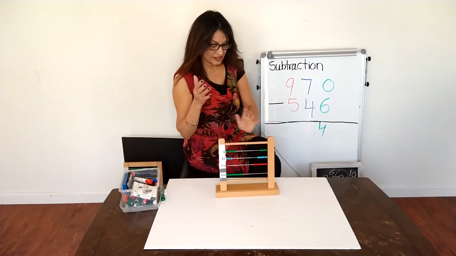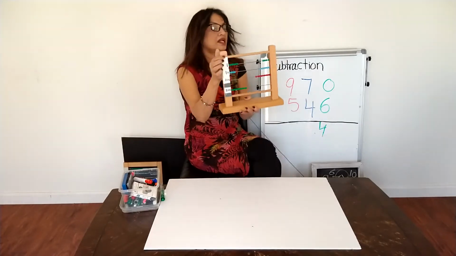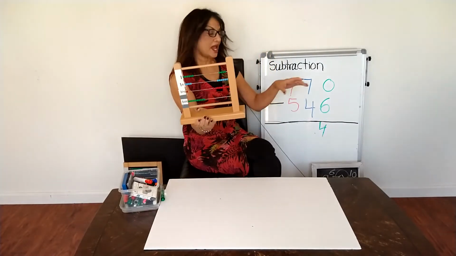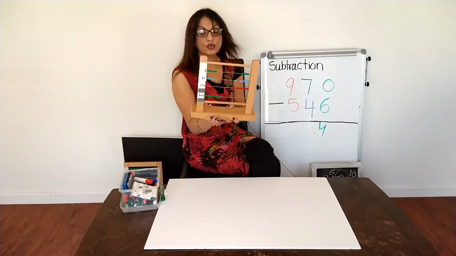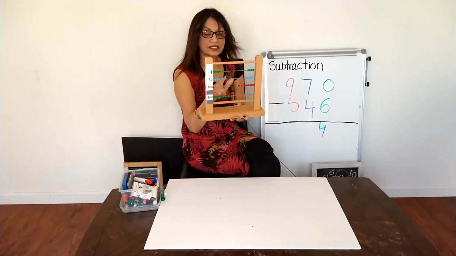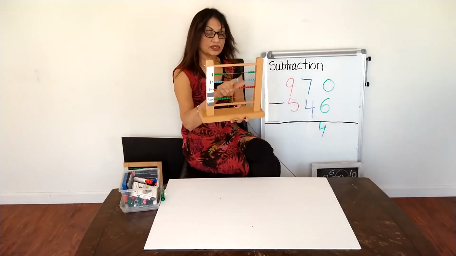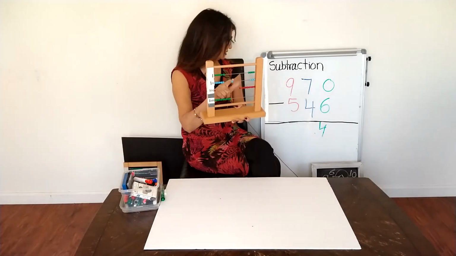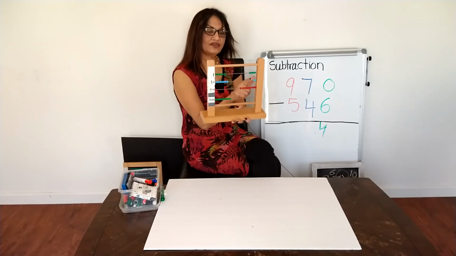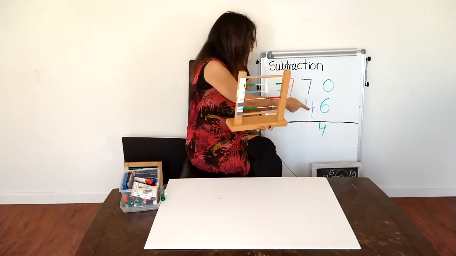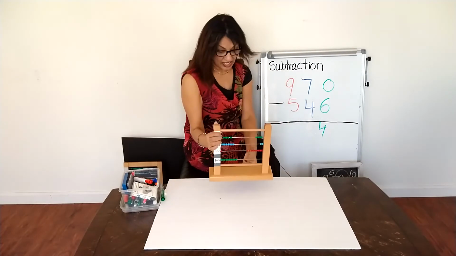So let's give away tens. How many tens do we need to give away? 4 tens. Please count with me. 1 ten, 2 tens, 3 tens and 4 tens. How many tens are left over now after giving away 4 tens? 2 tens.